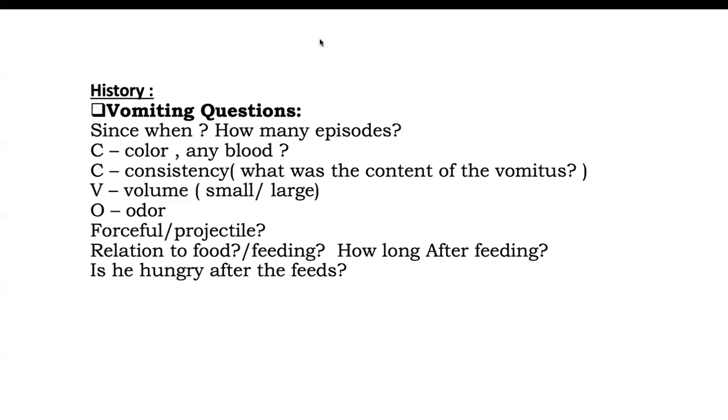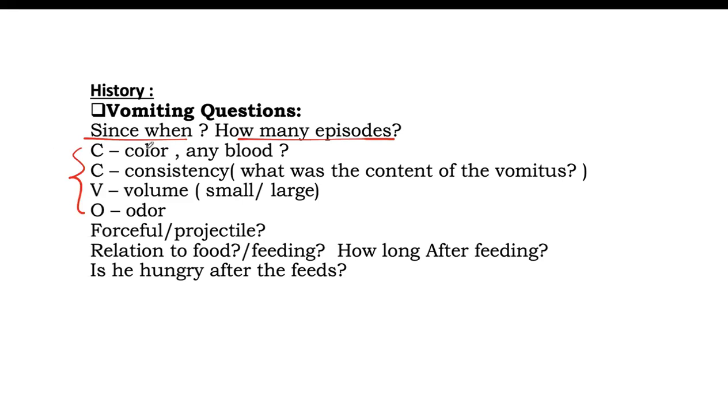The mother will give you some idea about the vomiting, but we need to know when it started, how many episodes so far, and any kind of discharge. Vomiting is a kind of discharge coming out of the body. We always use the mnemonic CCVO, which is color, consistency, volume, and odor. So ask about the color of the vomitus. Is it bile stained or whitish?